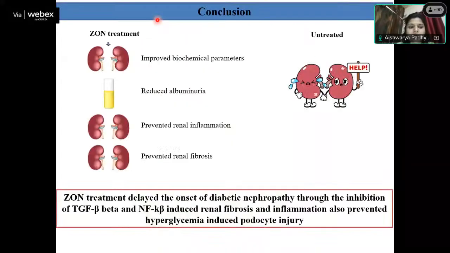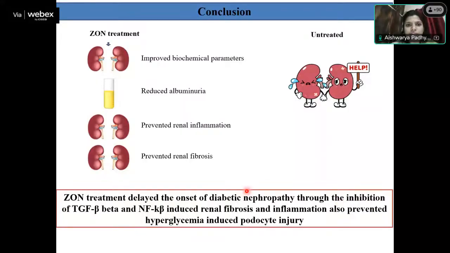To conclude, zinc oxide nanoparticle treatment delayed the onset of diabetic nephropathy through inhibition of fibrotic and inflammatory pathways, as well as hyperglycemia induced podocyte injury.